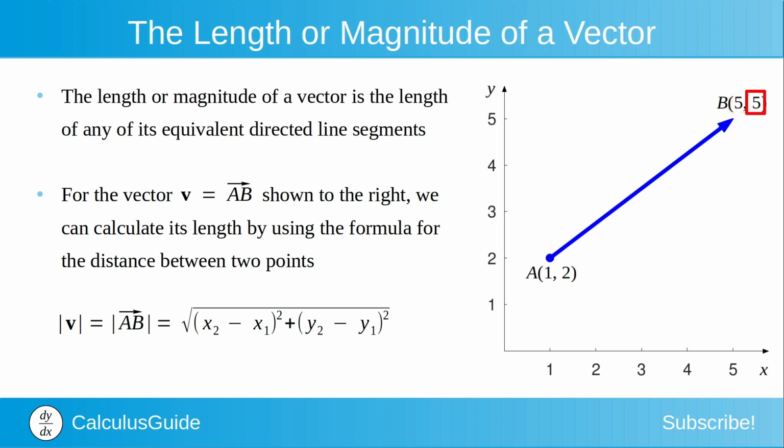So the length is equal to the square root of (5 minus 1) squared plus (5 minus 2) squared. 5 minus 1 is 4, and 5 minus 2 is 3. 4 squared is equal to 16, and 3 squared is equal to 9. 16 plus 9 is equal to 25, and the square root of 25 is equal to 5. So the length of the vector V shown to the right is equal to 5.